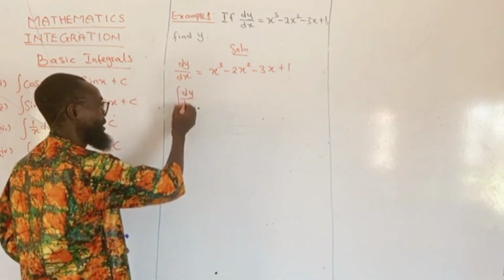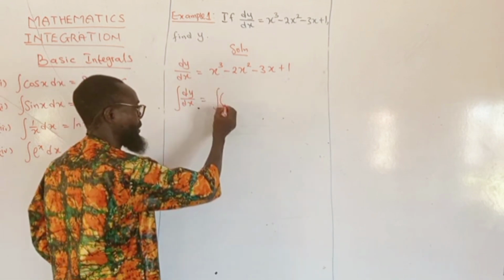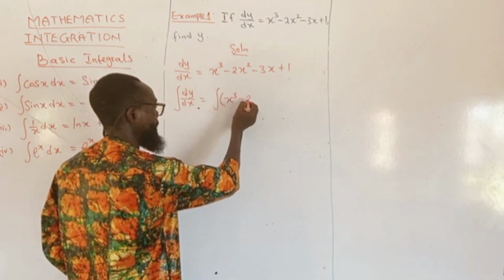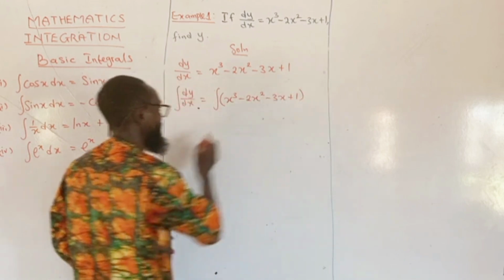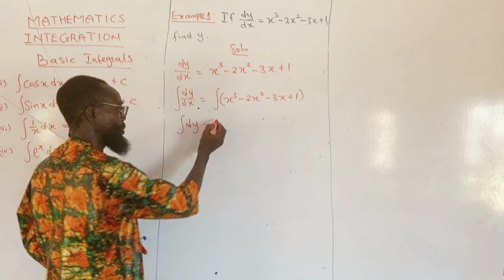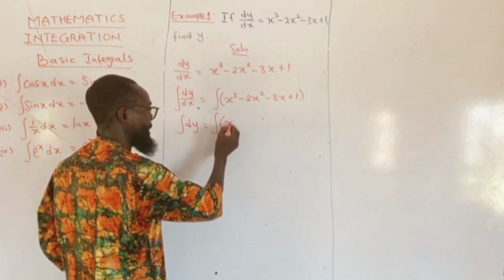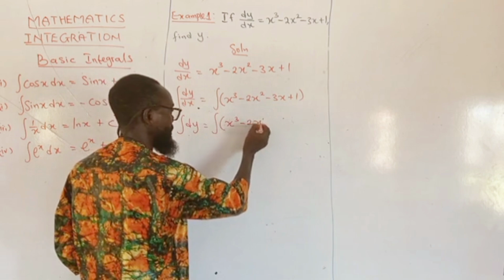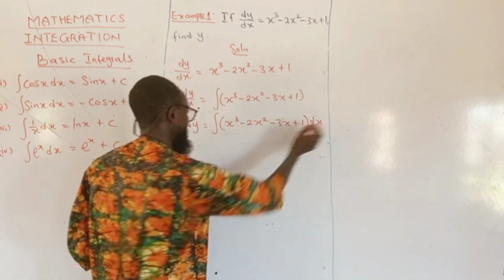Integral dy/dx equals integral, open your bracket, x cubed minus 2x squared minus 3x plus 1. Then cross multiply. Integral dy equals integral of x cubed minus 2x squared minus 3x plus 1 dx.